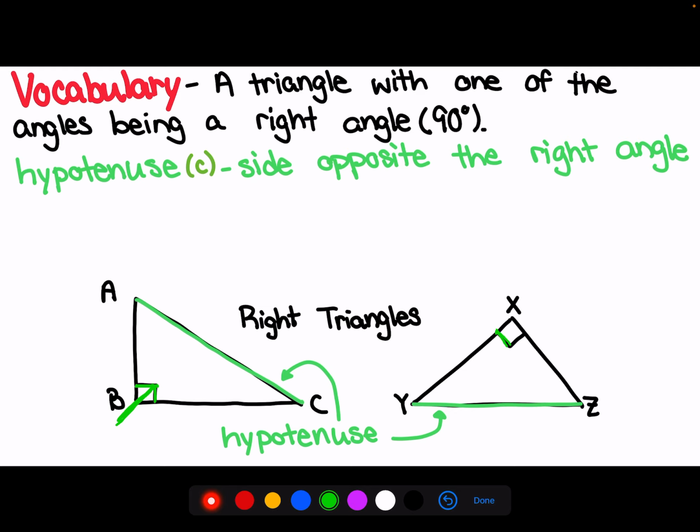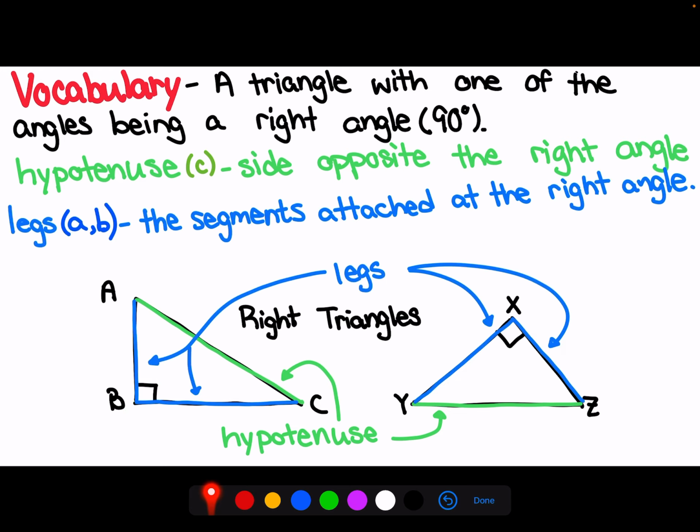And again, I can see that in this other triangle as well. If I make an arrow out of my right angle, it's pointing right at the hypotenuse. So you should always be able to find that hypotenuse just by creating that arrow. And we'll be doing this a lot once we get into trigonometry next semester. Now, the next piece of this is the legs. The legs are given the variables a and b.